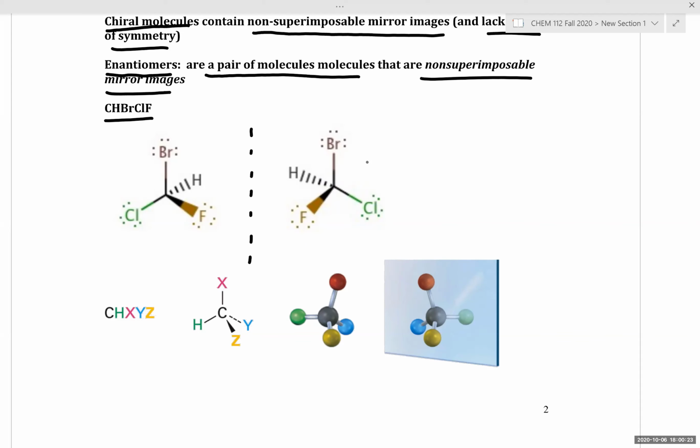We're still putting together the model for this structure. What we're going to do is observe each of these structures, and try to determine whether or not these mirror images are superimposable.